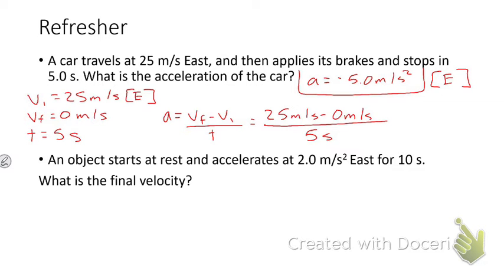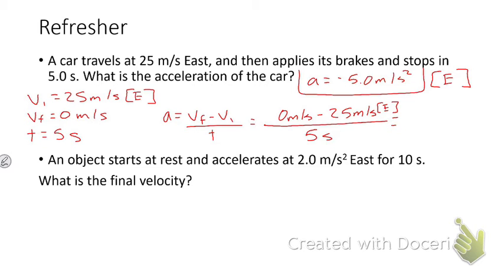So 25 minus 0 is 25 meters per second divided by 5, which is going to be, sorry, I did that backwards. Sorry, my VF is 0. Smartboard's being funny today. Okay, so VF is 0 meters per second, and my initial velocity is 25 meters per second.